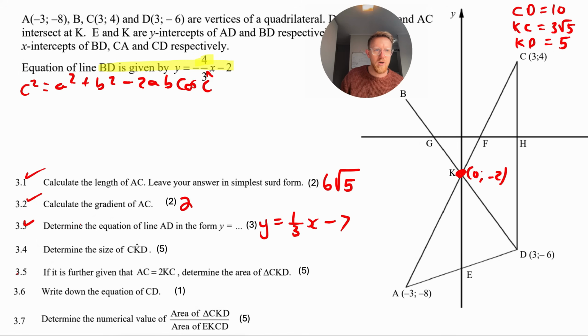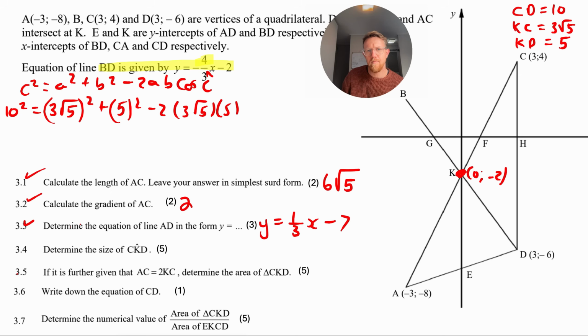And so we can put in 10 over there. And then the A and the B are the other two sides. So we can say 3 square root 5, and then 5. And then we repeat those again. And then the angle is going to be the angle CKD, which is this angle that we're trying to find.